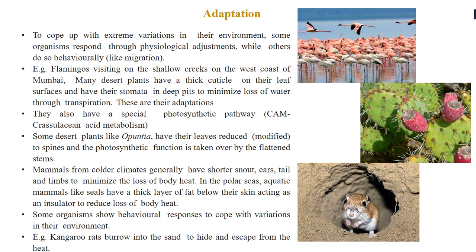When we speak about behavioral changes, the best example is of migration. And when we are speaking about migration, the best example to study migration is the flamingo birds. So flamingo birds visiting the shallow creeks on the west coast of Mumbai is one example to study adaptation.